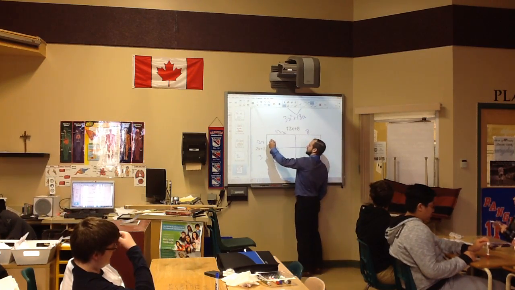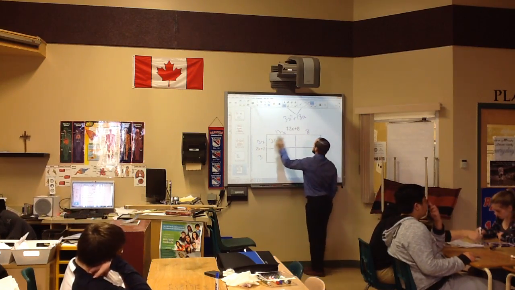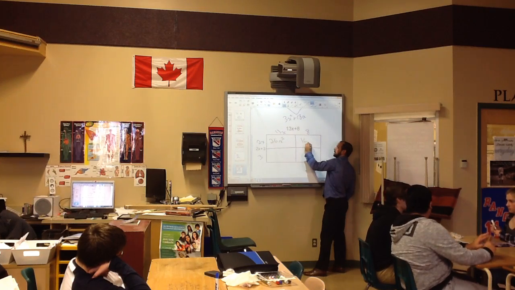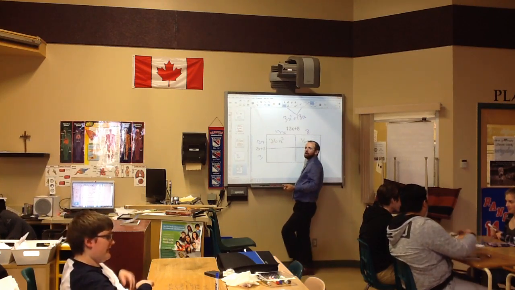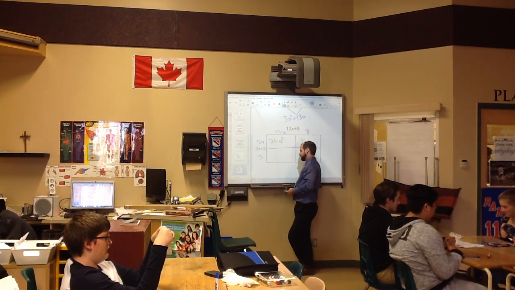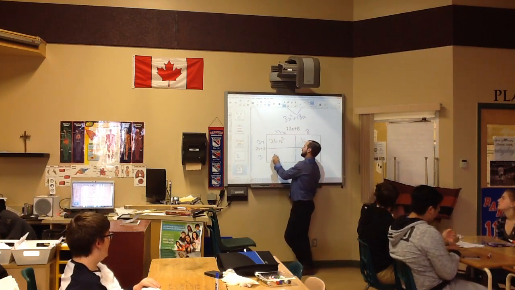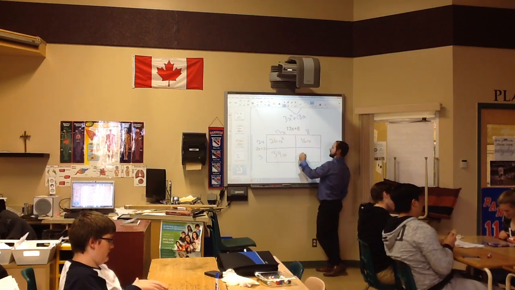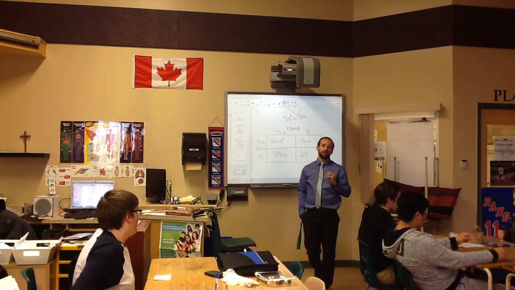What's 2 times 13? 26, and I have x squared. 2 times 8 is 16, with one x. 3 times 13 is 39, with one x. 3 times 8 is 24. Do I have any of these 4 terms that I can combine?